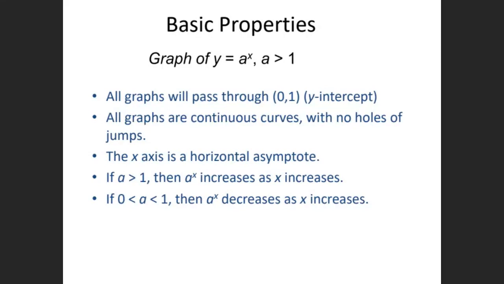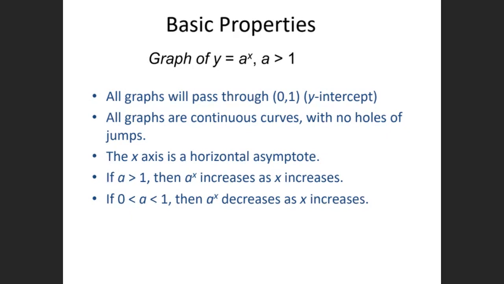When x is equal to 0, y is equal to 1. The graph is continuous, and continuous again means that there are no holes or jumps or breaks. The x-axis is what's called our horizontal asymptote. We've covered asymptotes before. These are imaginary lines that a graph cannot cross or touch.